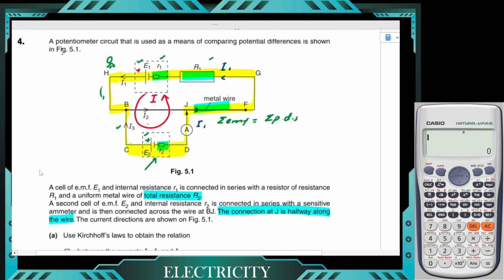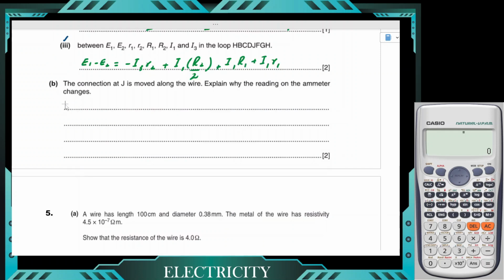So as you move the junction along the wire, the potential difference across B and J would change. Due to the change in the potential difference, the current passing through the ammeter would also change. So I'm just going to write the bullets and you can write in the description.